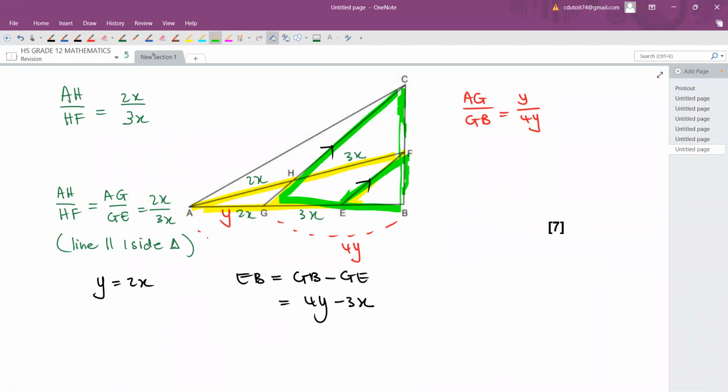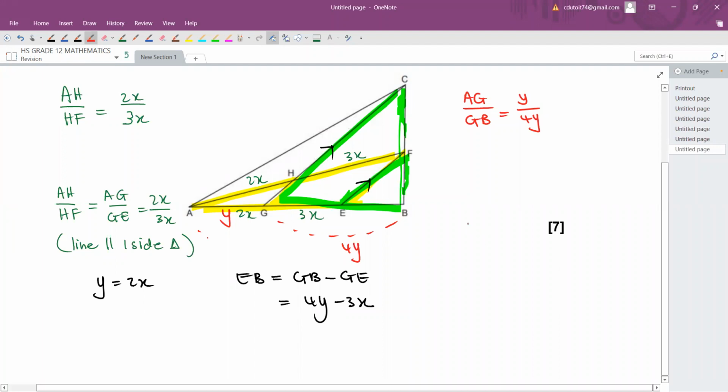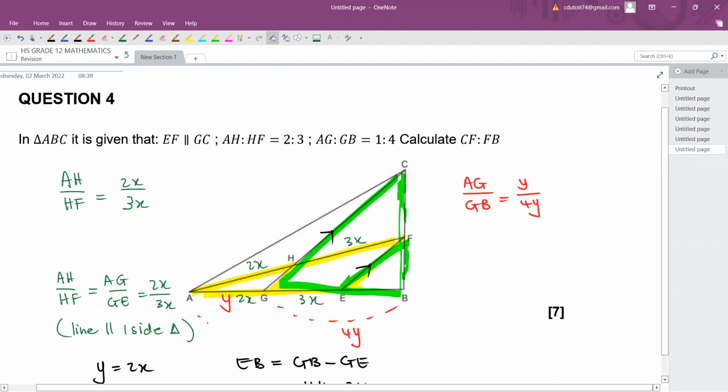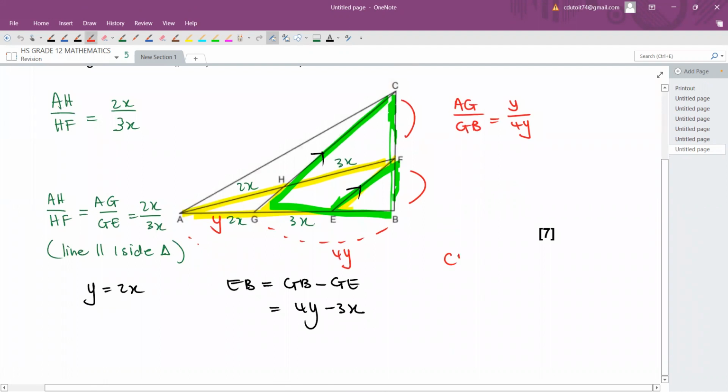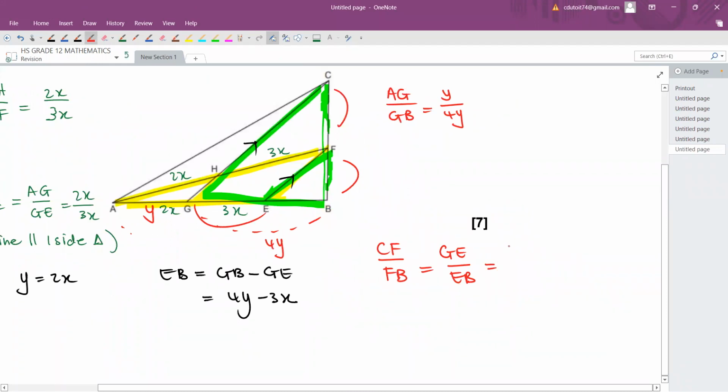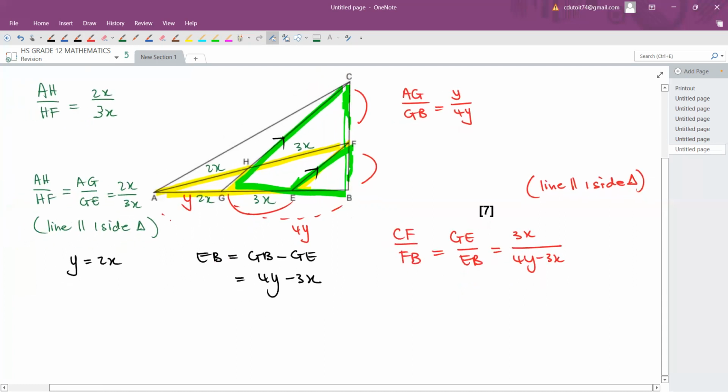Because now I can say, let's write in red, that CF over FB is GE over EB equals 3x over 4y minus 3x. And my reason there is also line parallel to one side of triangle. You can name the triangle if you want to, like CGB.